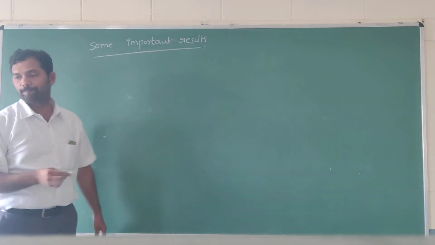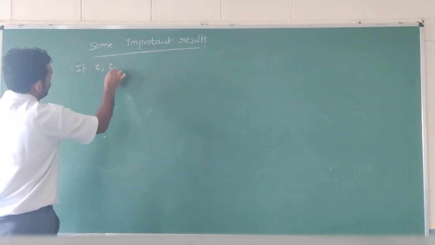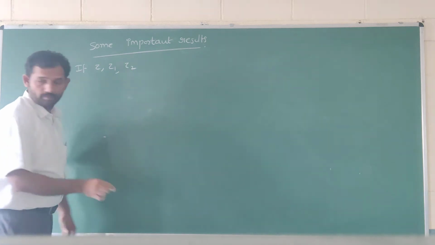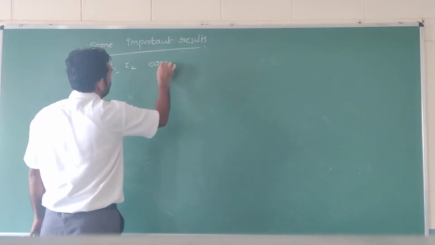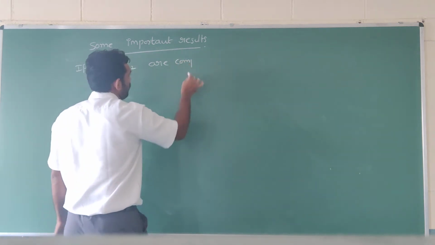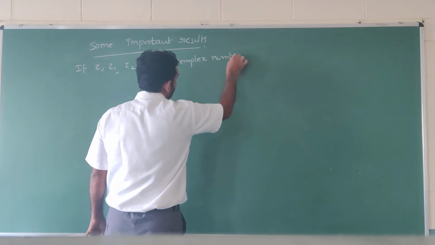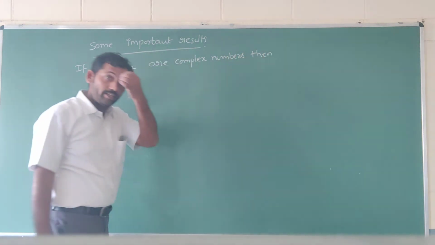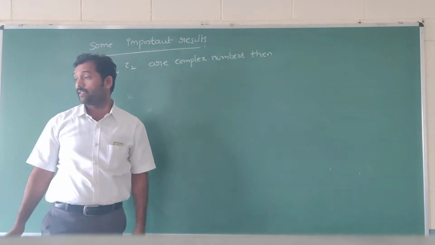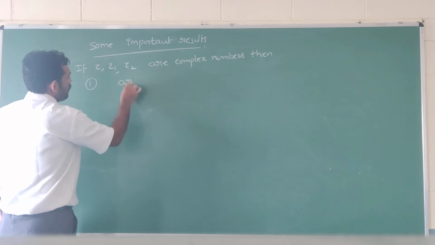So first one, if z, z1 and z2 are complex numbers, then what is our first point?